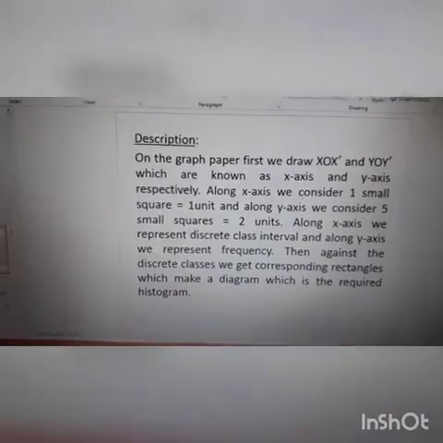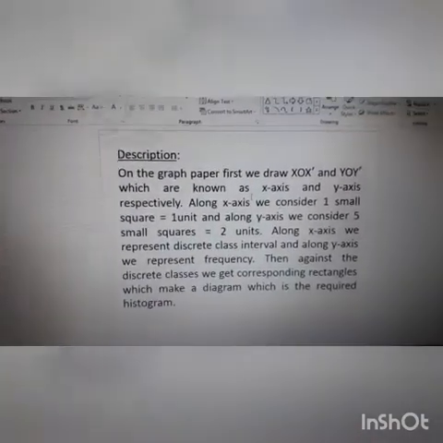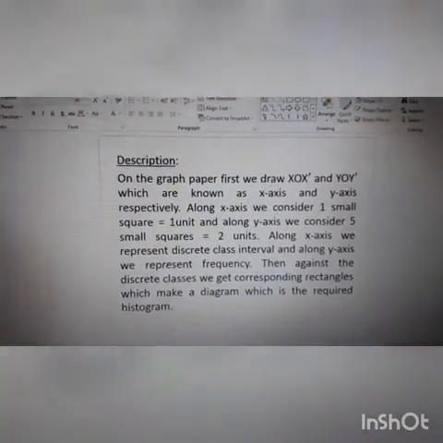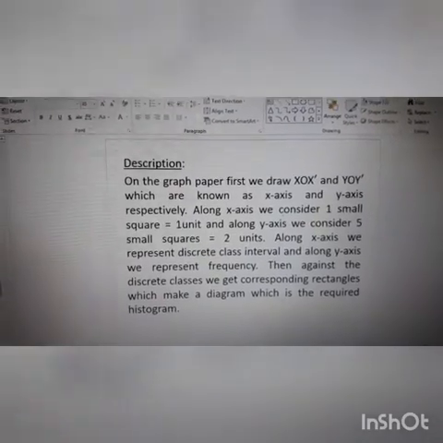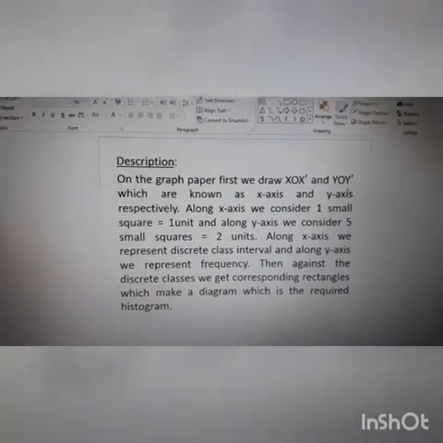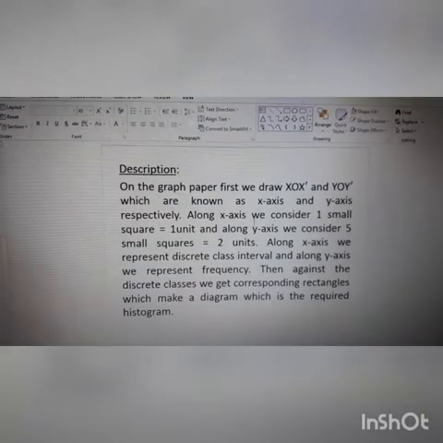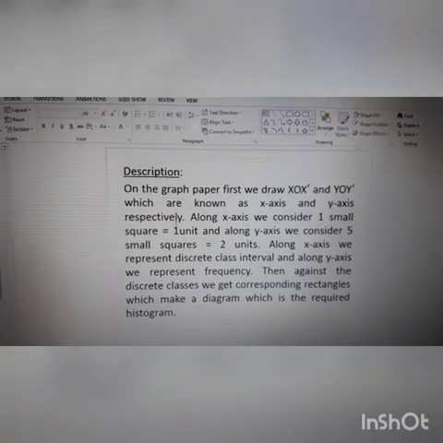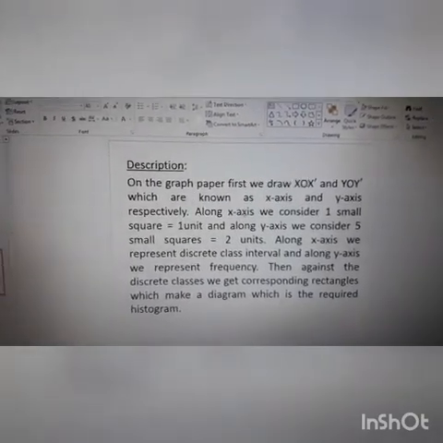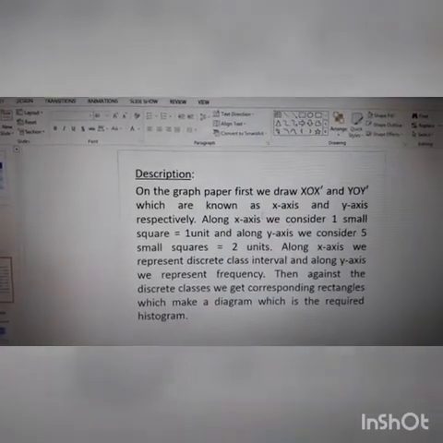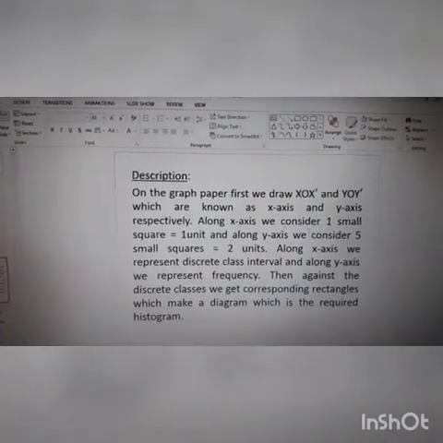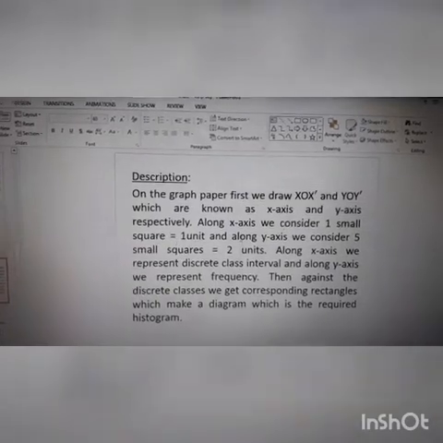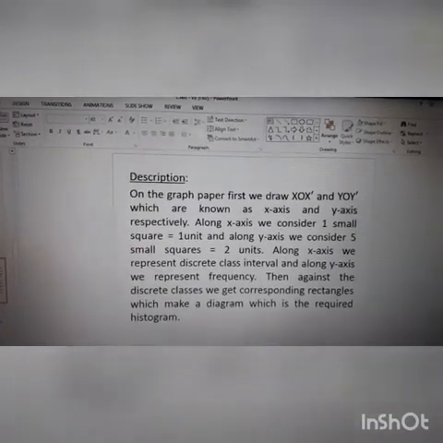And after drawing the histogram, you have to describe the drawing method. On the graph paper, we draw XOX dash, which is known as the x-axis, and YOY dash, which is known as the y-axis respectively, and we must write down the scale, that is, along the x-axis 1 unit equals how much, and along the y-axis 1 unit equals how much.